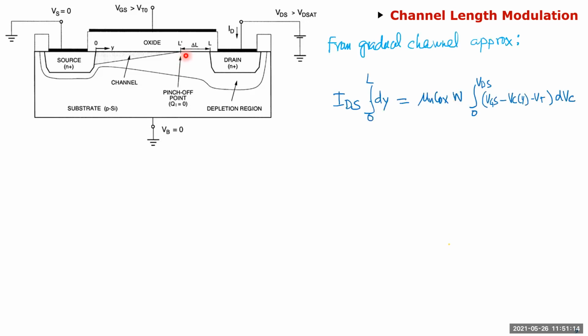Okay. So in our gradual channel approximation, what we had done was take a slice dy and find out the slice charge density, which was Cox times VGS minus VC of y minus VT, and we integrated from 0 to L, and from 0 to VDS. But now we're going to make a modification, knowing that we don't integrate to L, but to L dash.